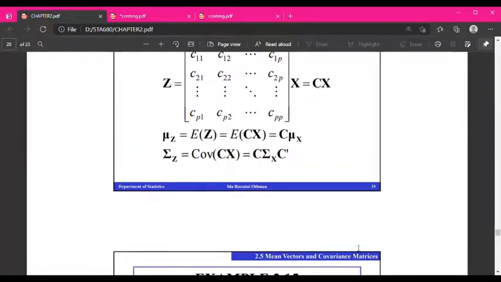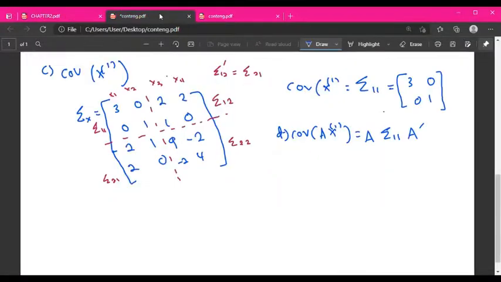So, multiply this matrix. 1, 2, 3001. Then A transpose. 1, 2, yeah.